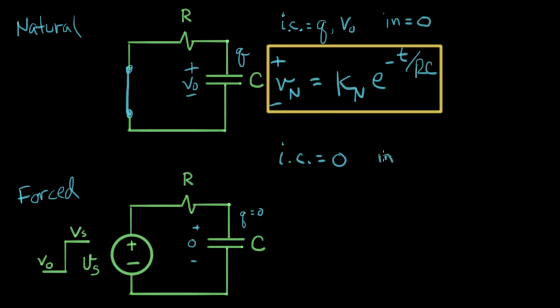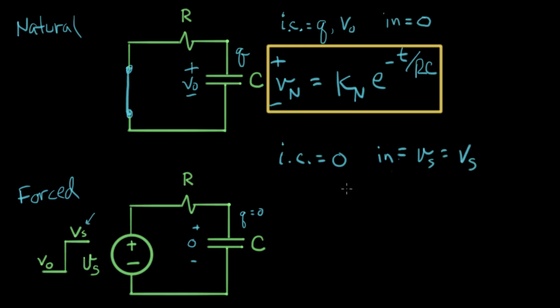And the inputs are equal to, we use the inputs this time, the input is equal to Vs. We're going to solve the forced response after time equals 0. So that means that the input is capital Vs.